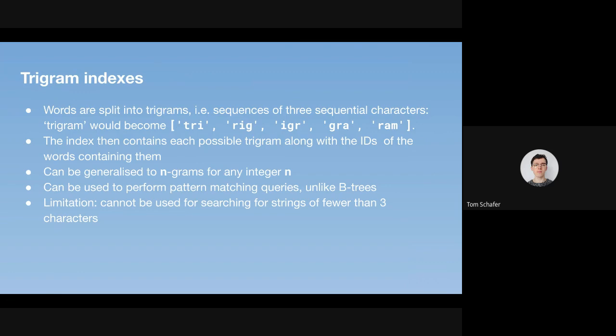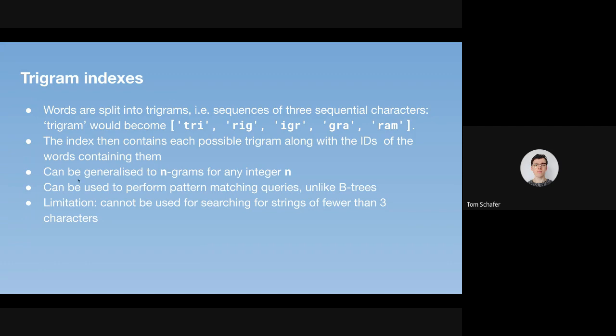It can be generalized to n-grams for any integer n, although you wouldn't want to use 1 as n, because then you've just literally split the string up into its characters, and that isn't bringing you any benefit. But similarly, you wouldn't necessarily want a really large integer. Let's say we were using 10 as our n, then obviously trigram, we couldn't put that into the index because it doesn't have 10 characters.